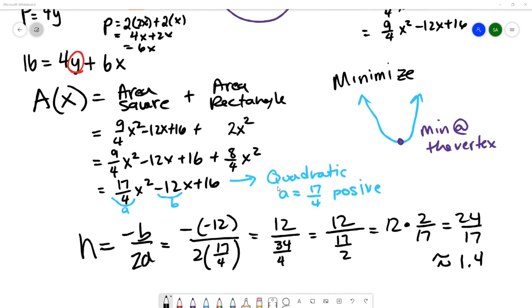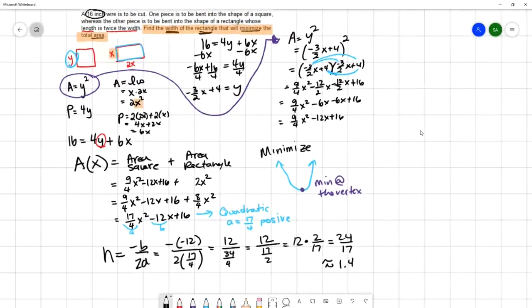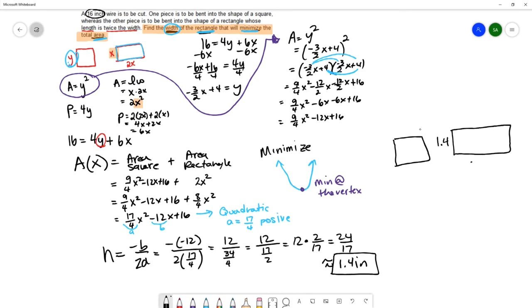So let's zoom out and recap for a second here. This value of 1.4 is the width of the rectangle that will minimize the total area. So this is going to be 1.4 inches. So on our square and rectangle, this width would be 1.4. And if I do 2 times 1.4, that's 2.8.